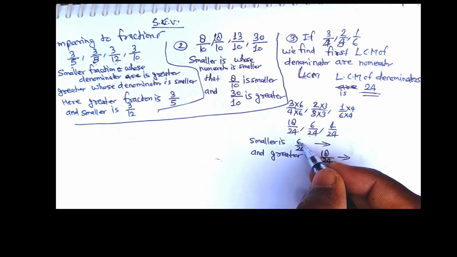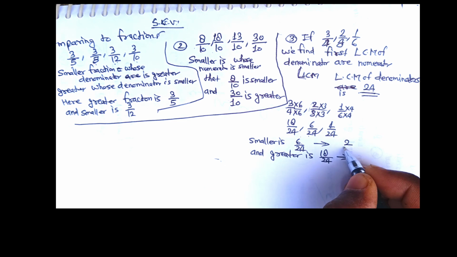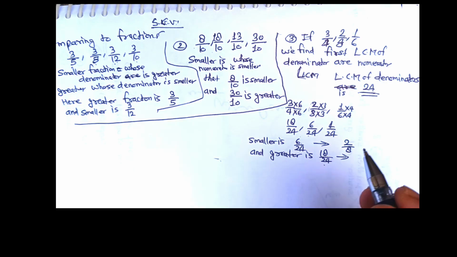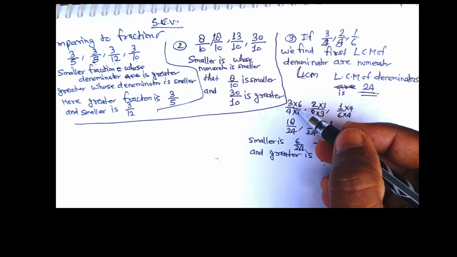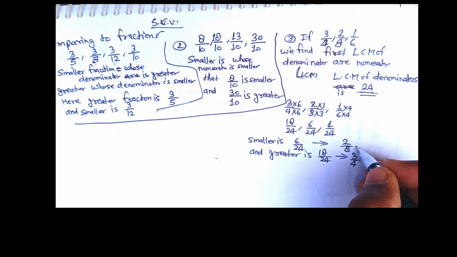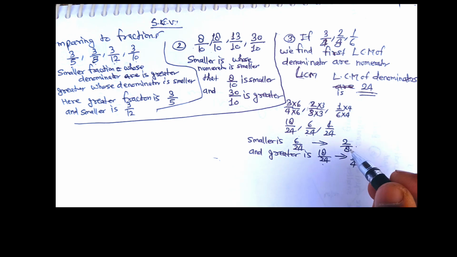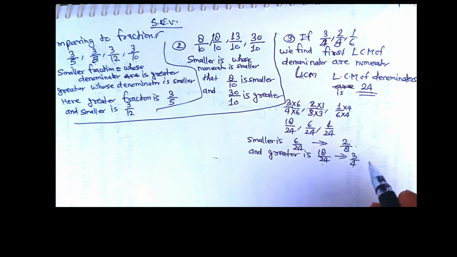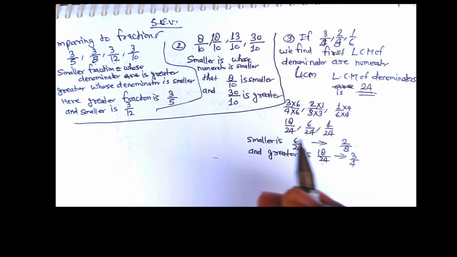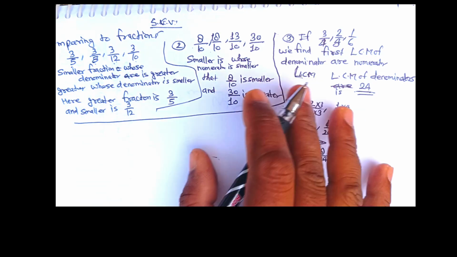Now we write 6 upon 24 as 2 upon 8 and 18 upon 24 as 3 upon 4. Okay, we find that their conditions are becoming, we are also comparing these conditions in this.